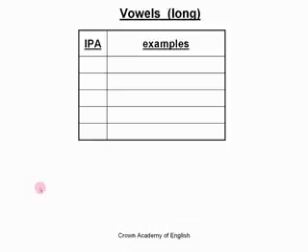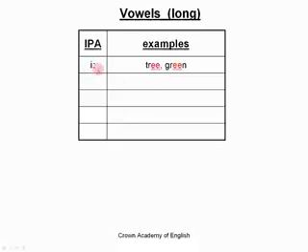Okay, we will now start the IPA symbols and sounds for long vowels. So here is going to be the symbol, and on the right there are the example words where you hear the sound. And I show you the sound, the part of the word in red.